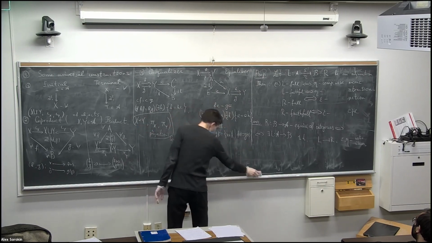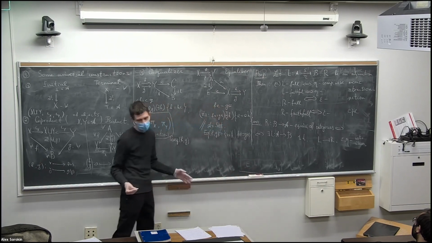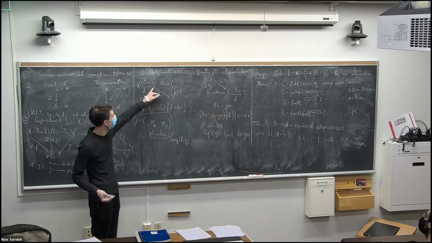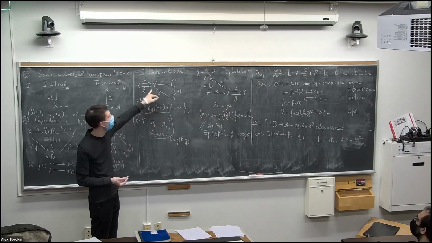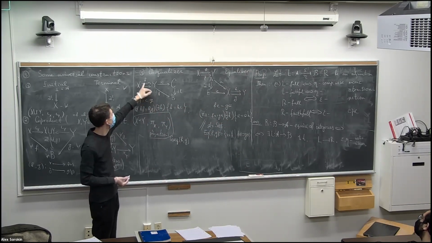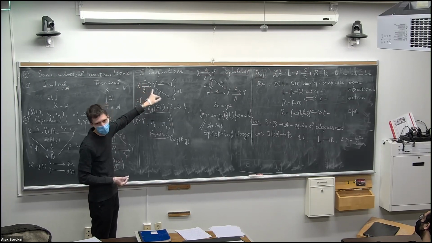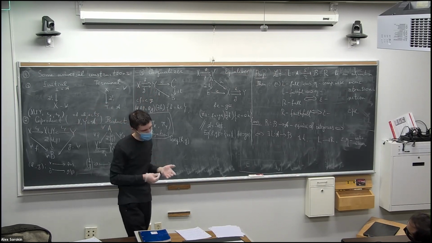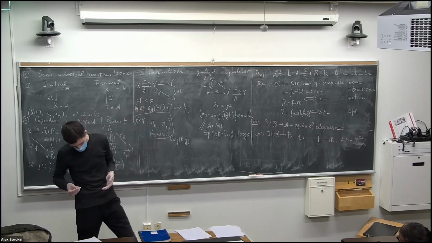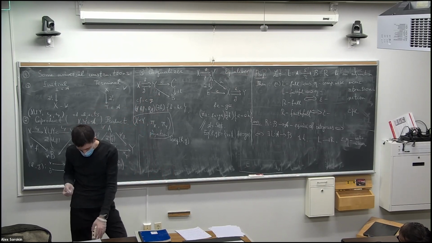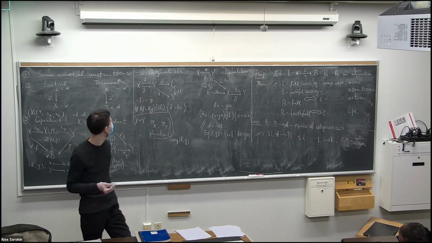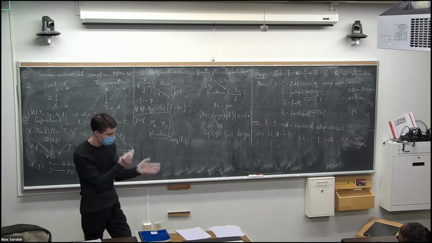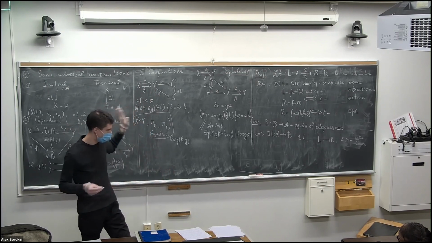You can look it up yourself, but pretty much we are identifying objects in Y that have equal images, coming from f of x and g of x. So we are trying to identify and factor out elements that become equal under this, that are coming from the same element. I just don't want to read.